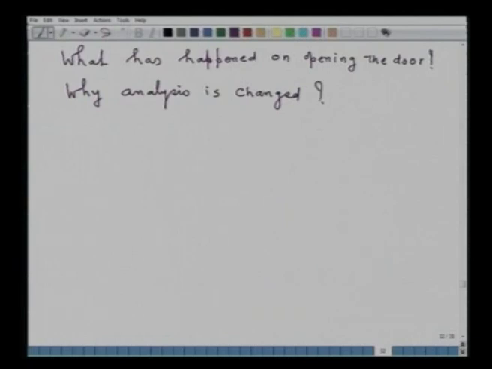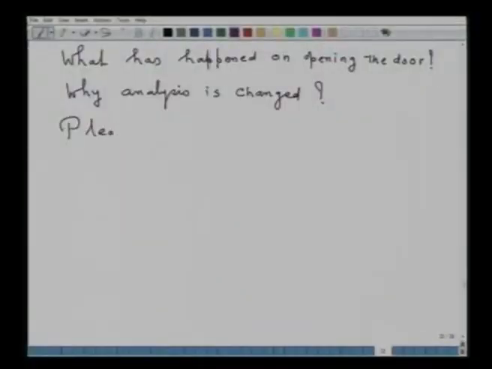He would also like to know why, because the analysis of POC now does not contain any amount of CO. In normal operation it was 0.5% CO, and now there is no CO in the POC. He is surprised. What has happened? Please explain to him.